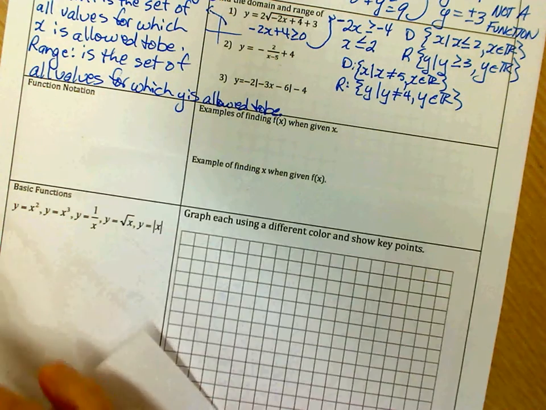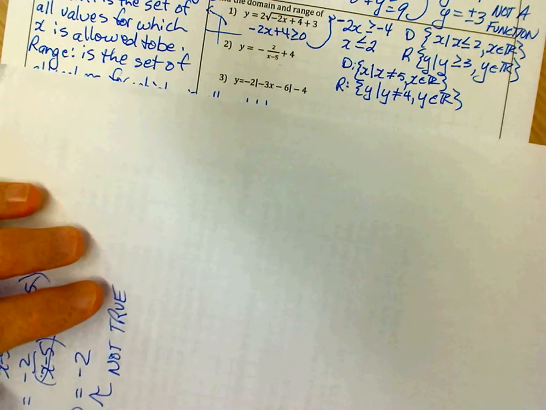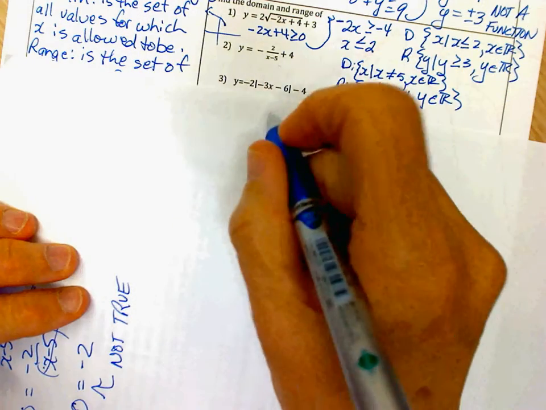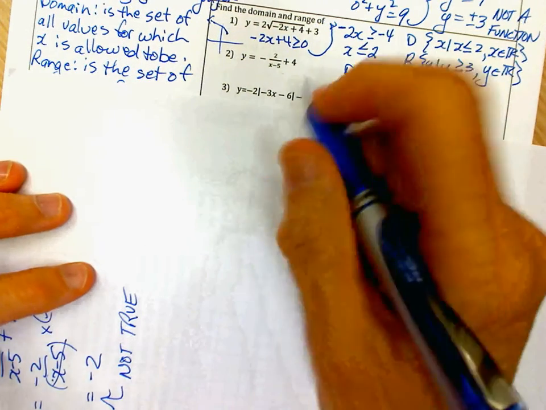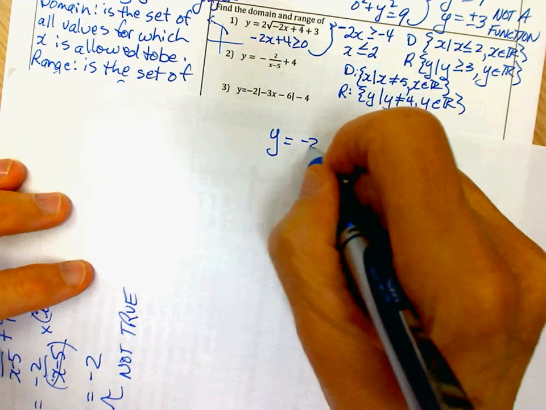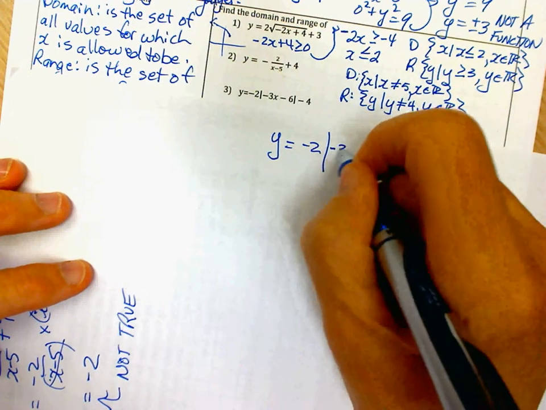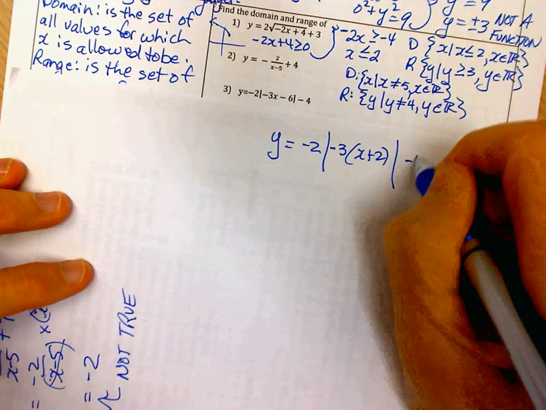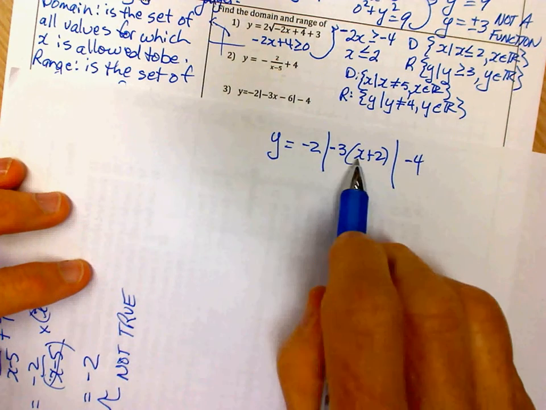Let's look at this function here. If we were to factor out the k, we would get y equals negative 2 times the absolute value of negative 3x plus 2, and I'm going to check my work. Negative 3x minus 6. Good.